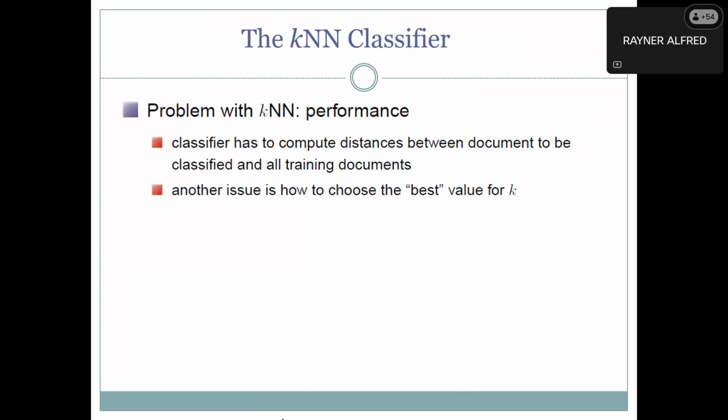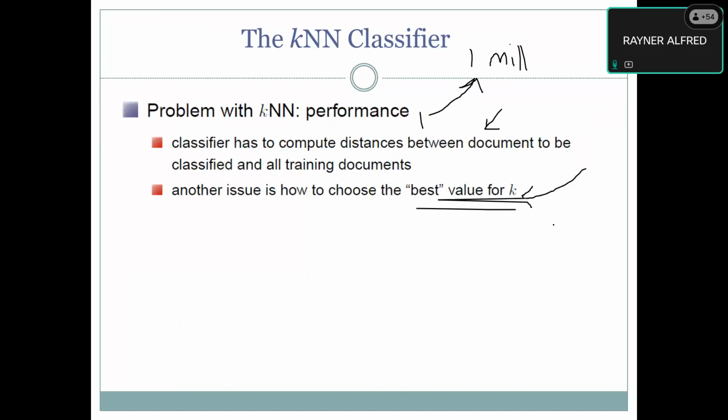Like I mentioned just now, what is the best value of K? And also we have to compute distance, so this is very time consuming. For example, if we have 1 million documents, we need to compute the distance between the new document and the 1 million documents that we have, only to find 3 nearest neighbors. So it is highly computational, and we also need to determine the best K. Of course, in research, that's what we do.